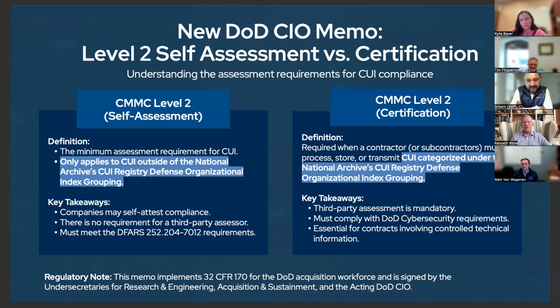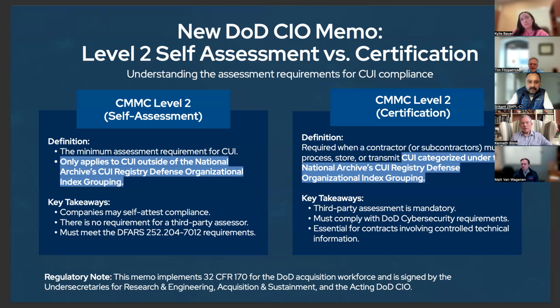These things ranged from not releasable to foreign nationals, or no foreign information, if you're familiar with the nuclear programs, to for official use only, which was pretty ubiquitous across the Department of Defense, to law enforcement sensitive. So if you're doing work with Naval Criminal Investigation Service or one of the other law enforcement or law related organizations within the Department of Defense, you were dealing with law enforcement sensitive information.